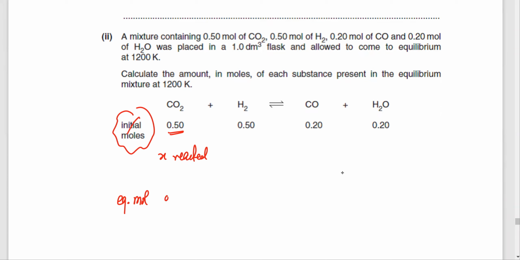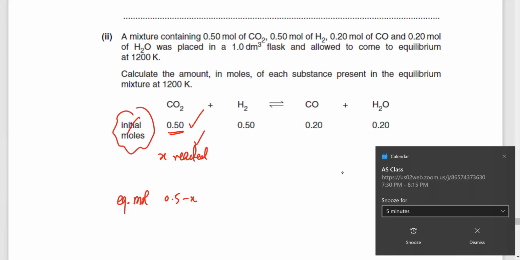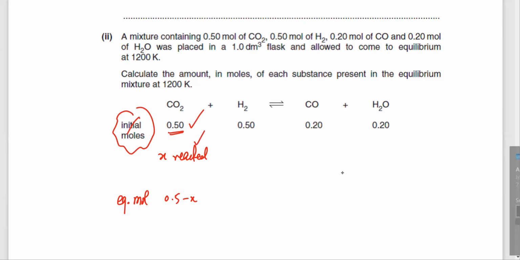So what are you left with? You're left with 0.5 minus X. I mean, initially you had 0.5, now X moles have taken part in the reaction, so you're left with 0.5 minus X. This one, if X moles of this react, it's 1:1. So it's X moles of H2 would also react.